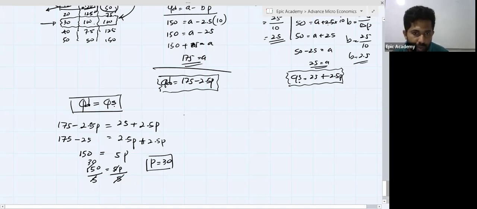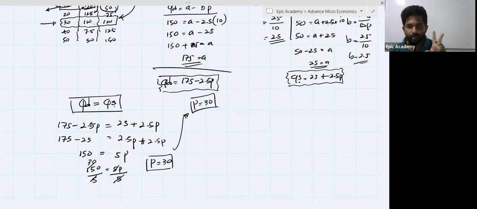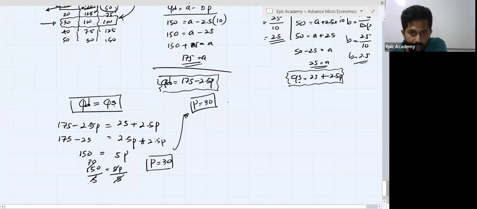So now you have the value for the equilibrium price. Then nothing to worry about here. You can use this price to calculate the quantity demand and quantity supply. Take the quantity demand equation: QD equals 175 minus 2.5P.